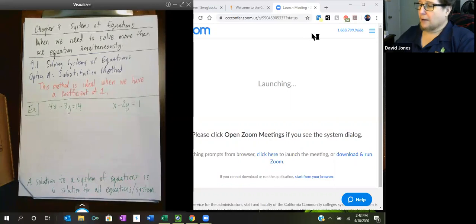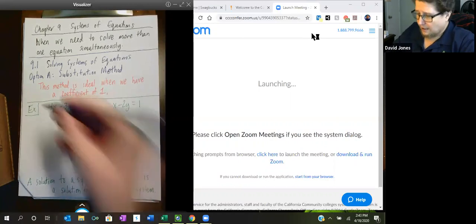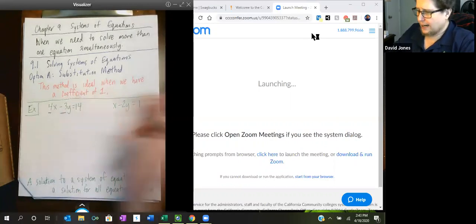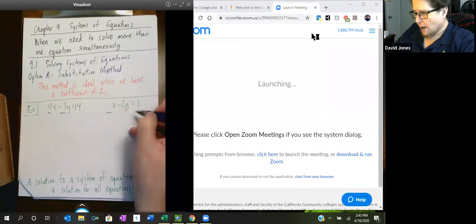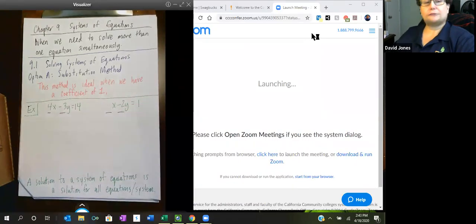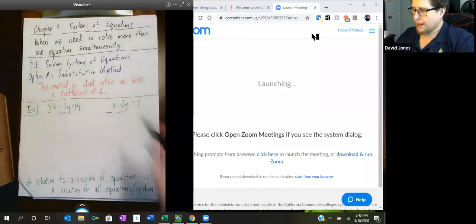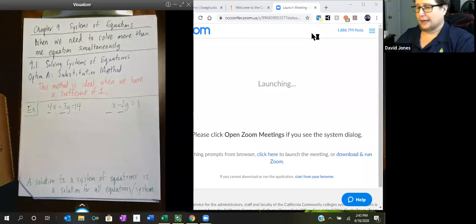So this is what I meant with the substitution method. Right now, if we look at our coefficients, we've got a 4, a -3, a blank, and a -2. A blank is always a 1. We can solve this equation for x. So let's solve this one for x.